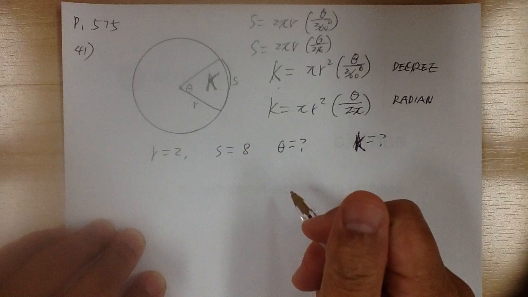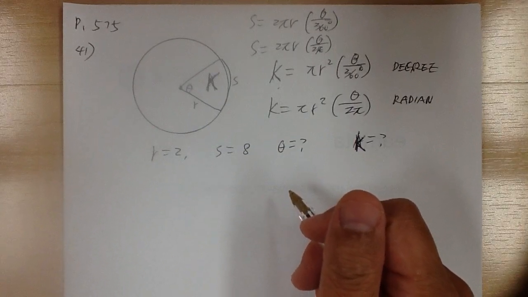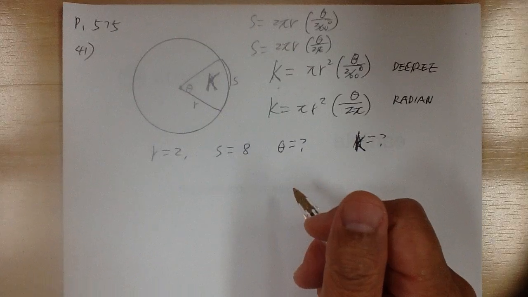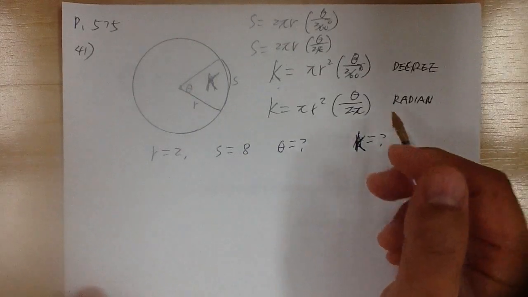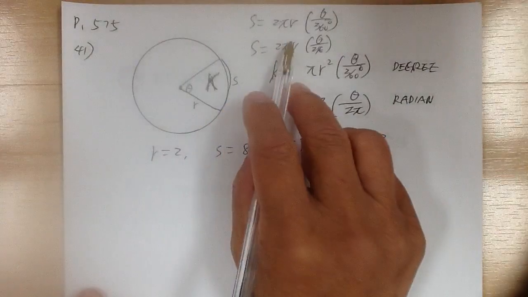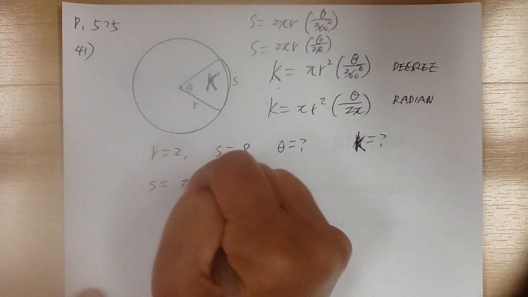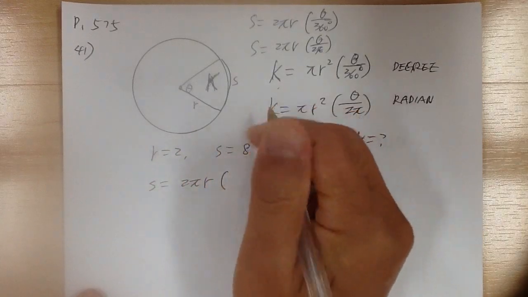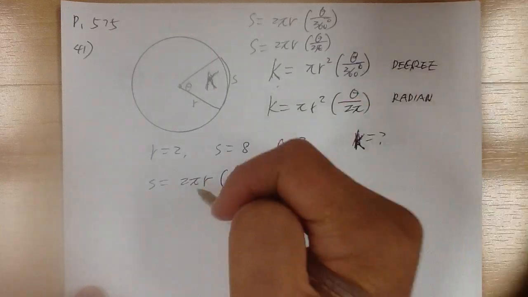Okay, now this one they want you to use radian. So let's use radian. So first we're going to use this formula over here. So write down your formula. So S equal to 2 pi r times it by theta over 2 pi. Okay, and then substitute anything you know.